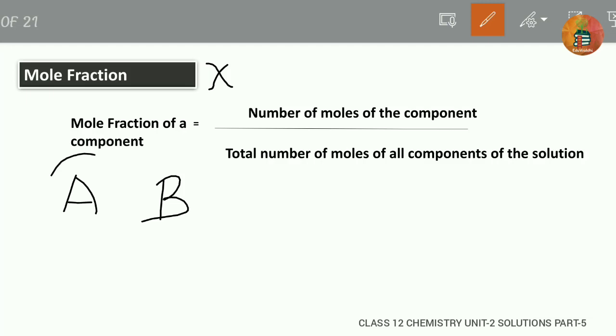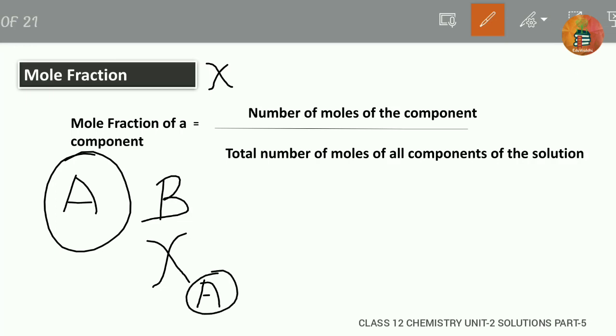Now, if you want to find out the mole fraction of the component A, then you have to represent it using a symbol chi A, or it's called mole fraction of A. Whatever the component for which you are going to find mole fraction, that component should be written in subscript like this.